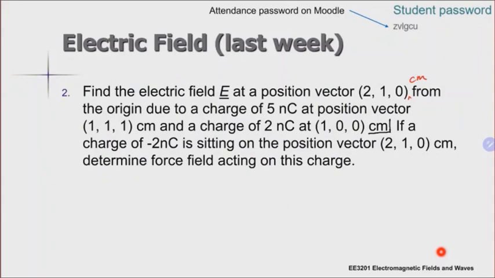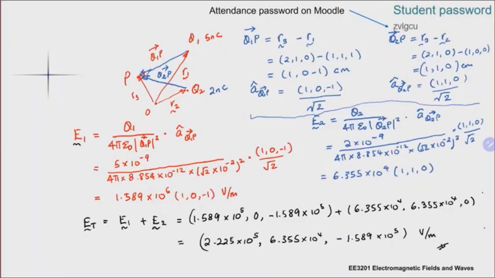Any questions so far? So the second part is if we put a charge of -2 nanocoulombs at position P and calculate what is the force acting on the charge. So if we put a charge here, -2 nanocoulombs, what happens to this charge?